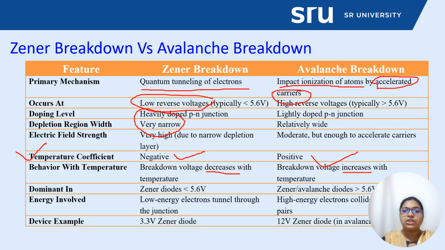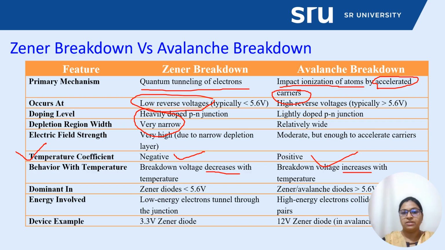Mostly the Zener effect dominates when the voltage required is less than about 5.6 volts, and avalanche breakdown is used above that, at very high reverse voltage. Now, what type of energy is involved? As we said, Zener breakdown works on quantum tunneling of electrons, so low energy electrons tunnel through the junction.